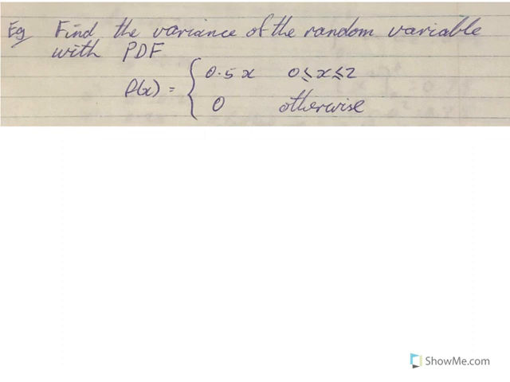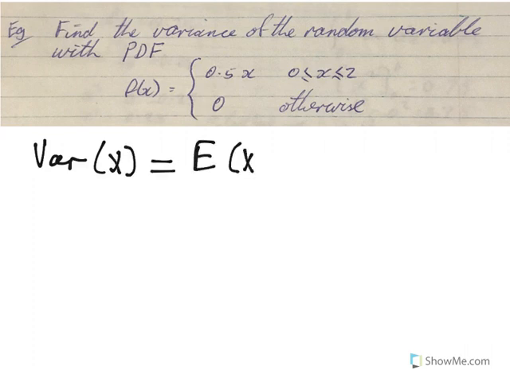So what we know then is that the variance of x is equal to the expectation value of x squared minus the mean squared. That's generally the easier way to work it out.